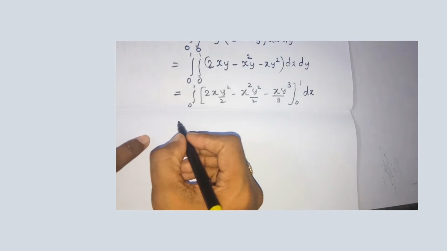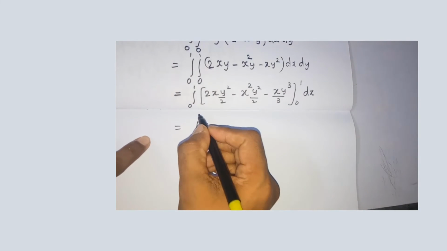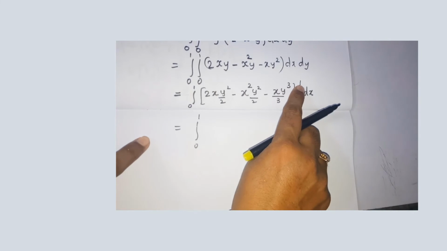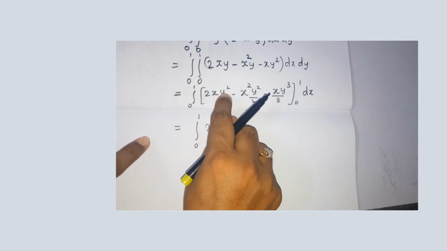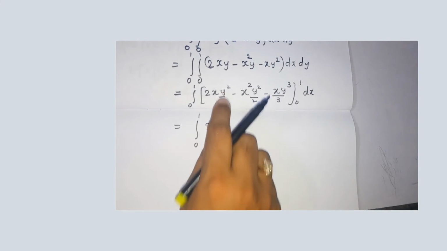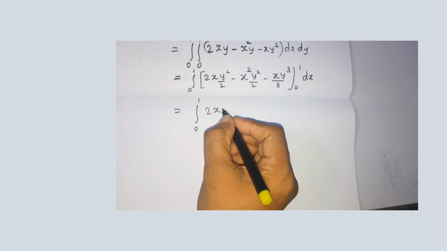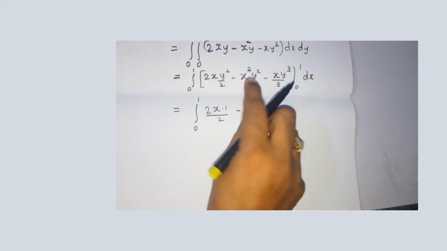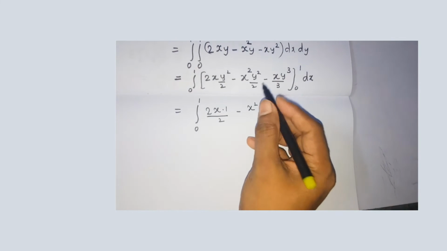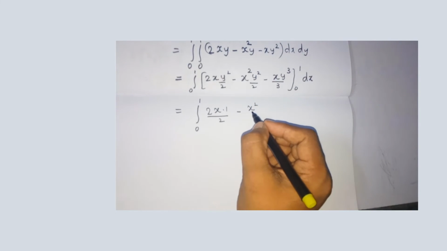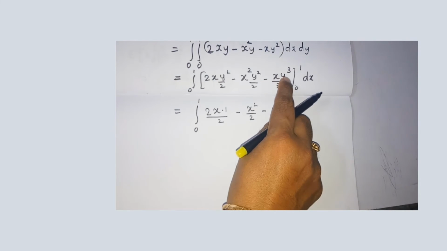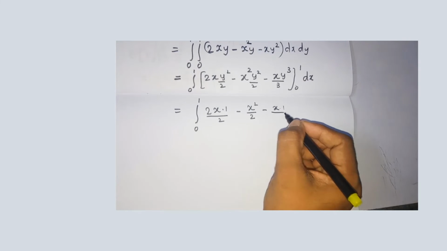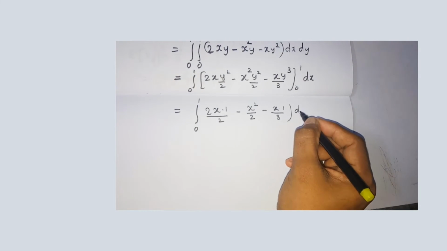Now we'll first substitute the limits of y such that it will become simple for us. So 0 to 1 as it is. In place of y I'm substituting 1, the upper limit, so I'll be getting 2x, in place of y 1, if I substitute, I'll be getting 1 square, 1 square is nothing but 1, that is 1 by 2, minus x square, in place of y I'm substituting 1, so 1 square is 1, so 2, minus x, in place of y again I'm substituting the upper limit, so it is 1 by 3, into dx.